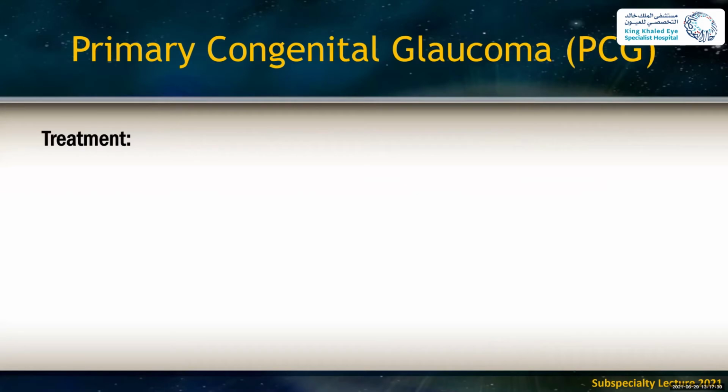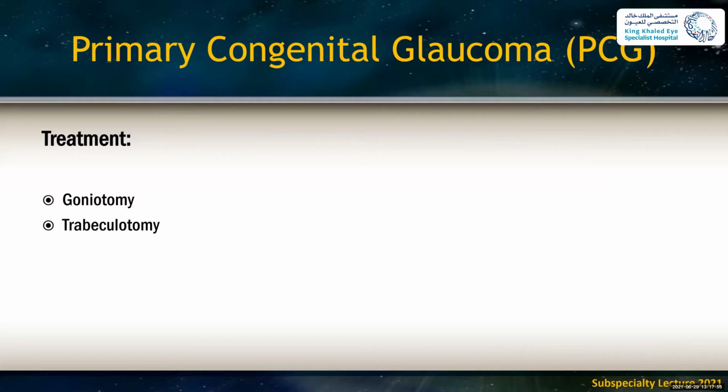So treatment, when we look to the literature, you will find that the treatment consists of either goniotomy, which has been done since the 40s of the last century, or trabeculotomy, also used in cases where there is no good view to see the angle through the cornea.